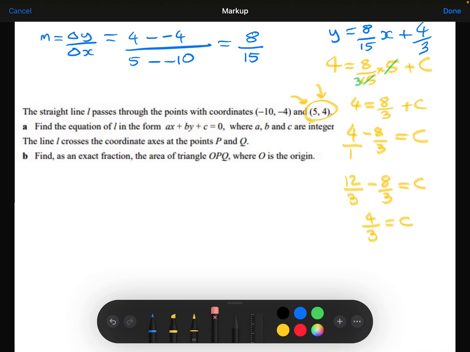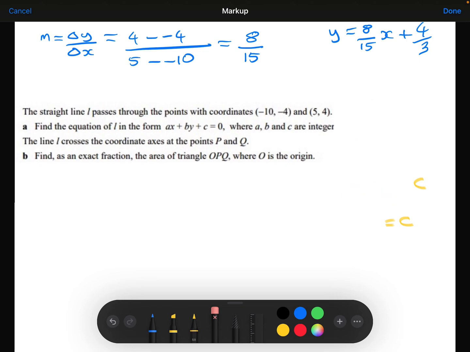And just press pause if you need to copy that working out down, because I'm going to rub this off now, just to give myself a bit of room. Because I've got the equation of my line, I just need to write it in the correct form, or at least the form that I've been asked for, which looks like this. So I'm first going to multiply through by 15 to get rid of these fractions. So 15 times y. The 8 over 15 times 15 is just 8, so I get 8x.